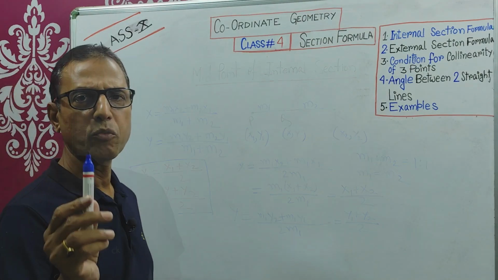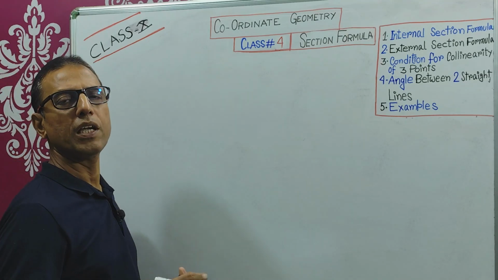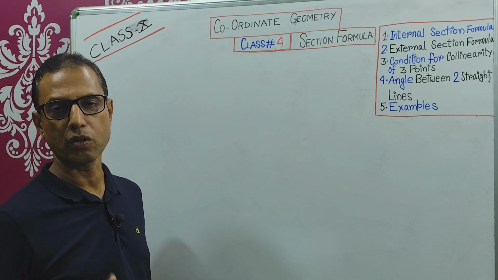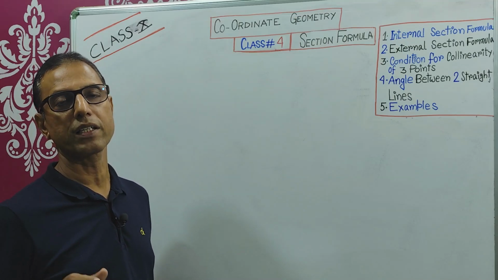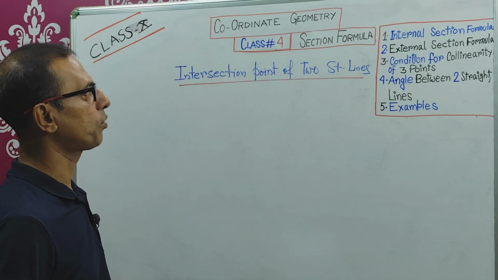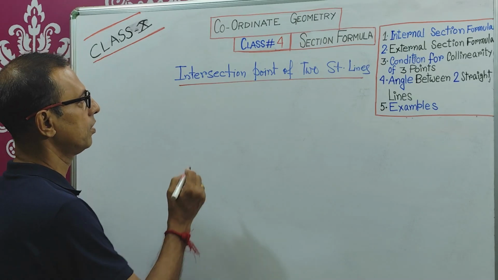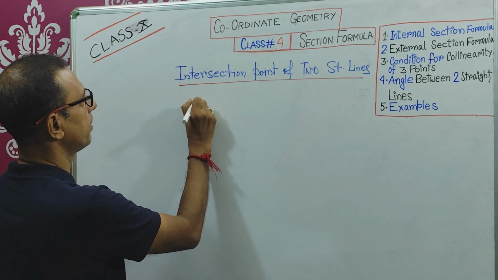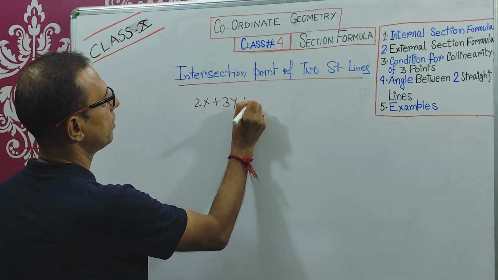Okay. One more thing, just for your knowledge: if two given straight lines are intersecting each other, how do we find the intersection point? So let's say one line is given as 2x plus 3y plus 7 equals 0.